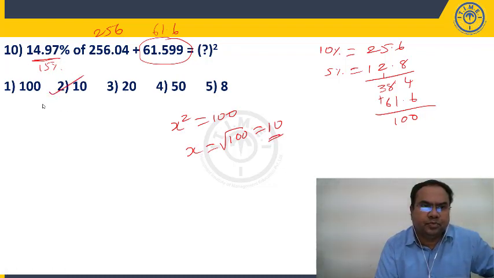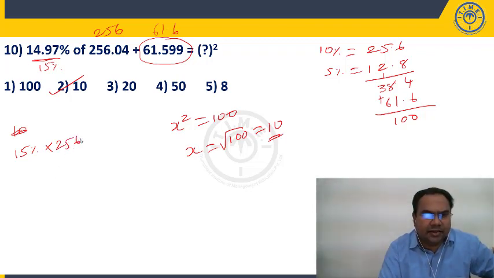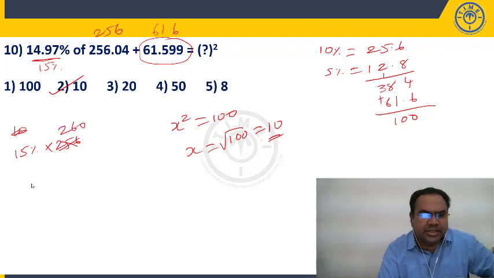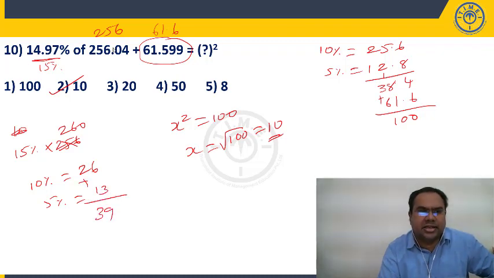Or here, you can take 15% of 256 as 15% of 260 instead. How much is 10%? 26. 5% is 13, so 39. I got slightly more, right?